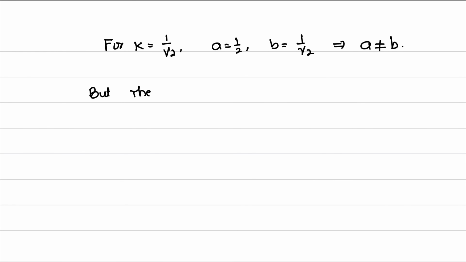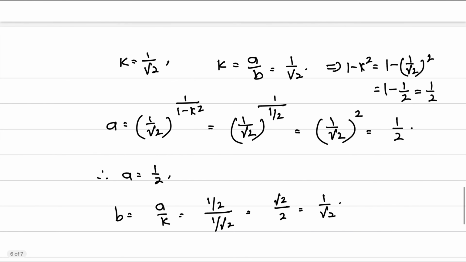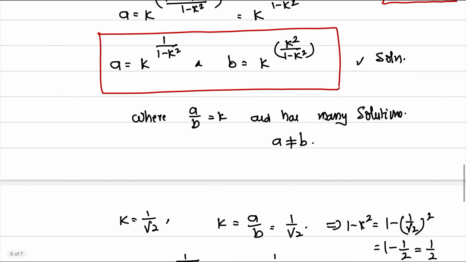the equation a to the power of a by b is equal to b to the power of b by a is satisfied. The above value of k is found, the above values of a and b are found from the given equation.